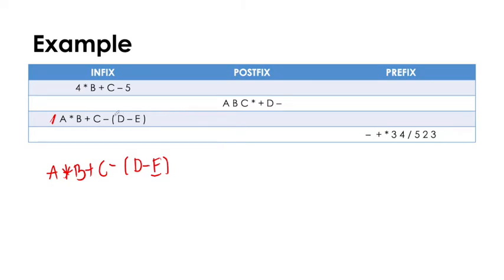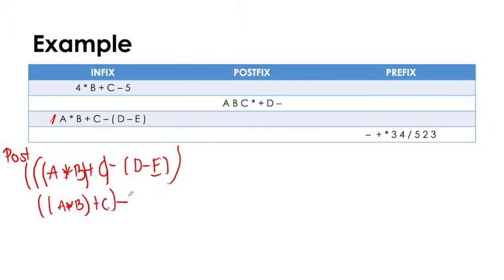We'll be solving postfix. So let's do it like this. Add that, and finally add that. So let's first do this one. So A times B plus C minus D E minus. Okay.